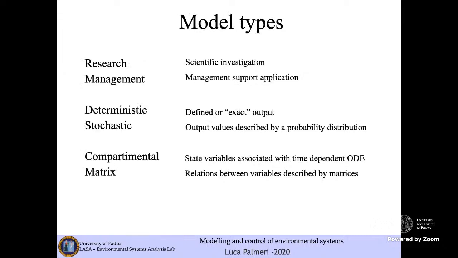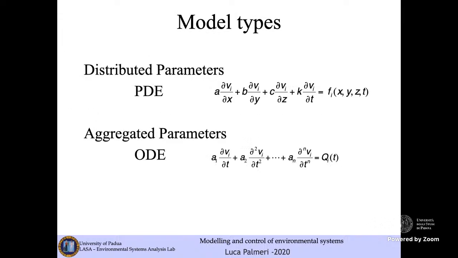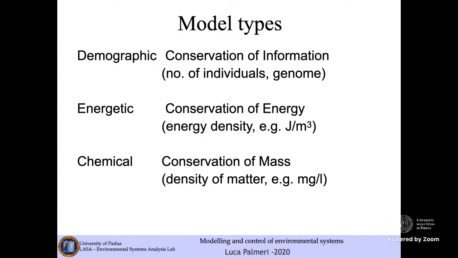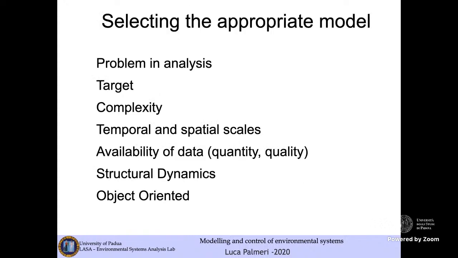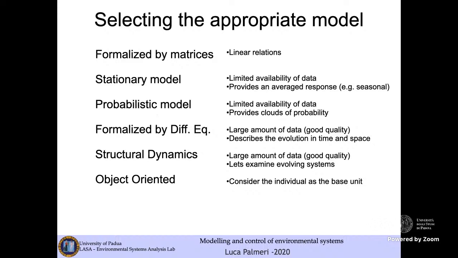Dynamic. We are in between deterministic and stochastic model. So a probabilistic model is a model in which the aspects that are most uncertainly known are described by probability distribution, clouds of probability distribution.